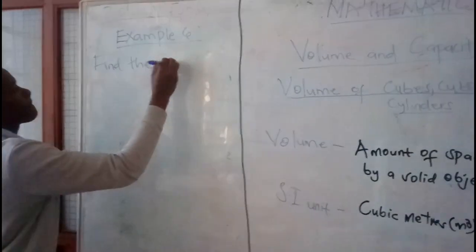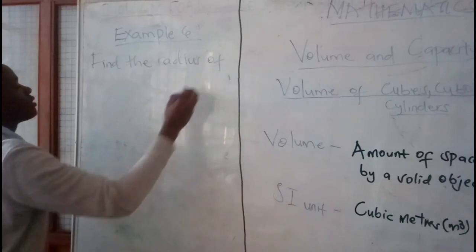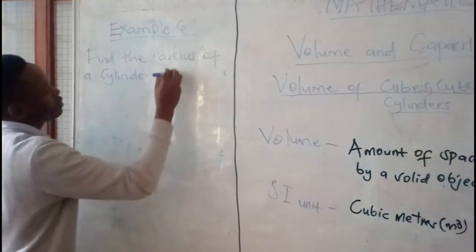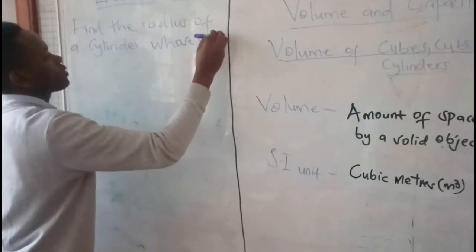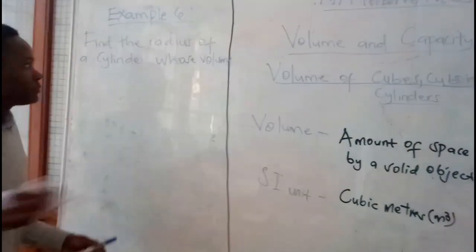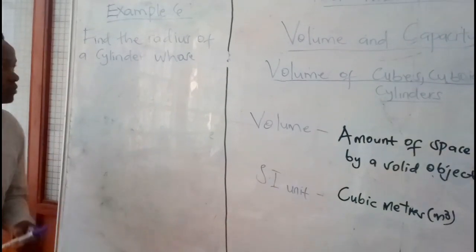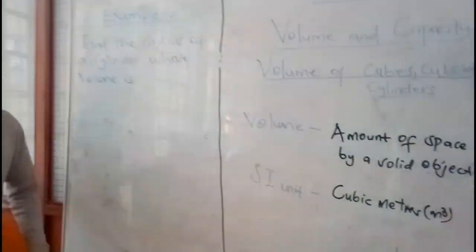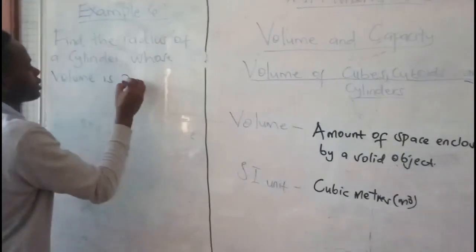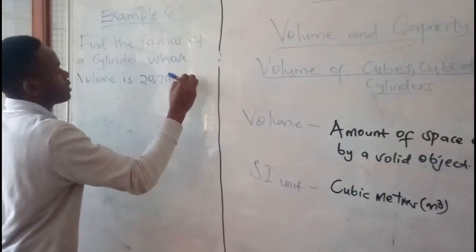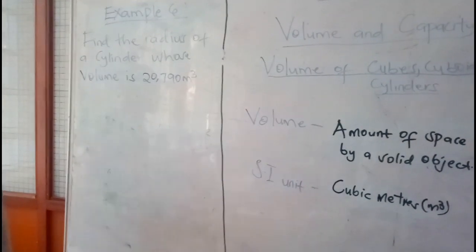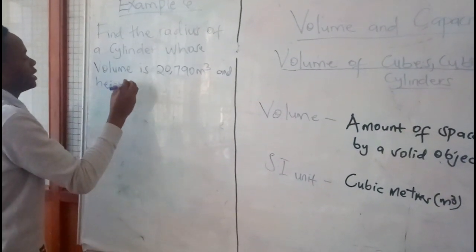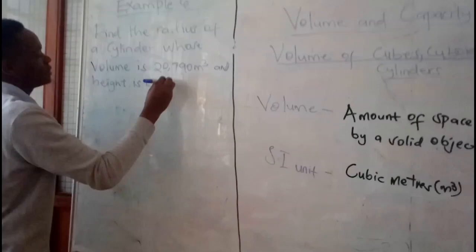Find the radius of a cylinder whose volume is 20,790 meters cubed, and height is 15 meters.